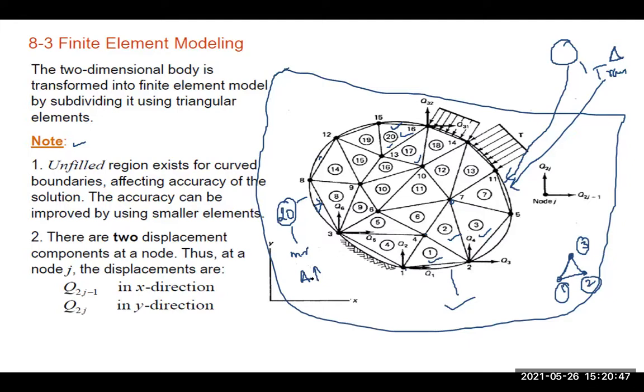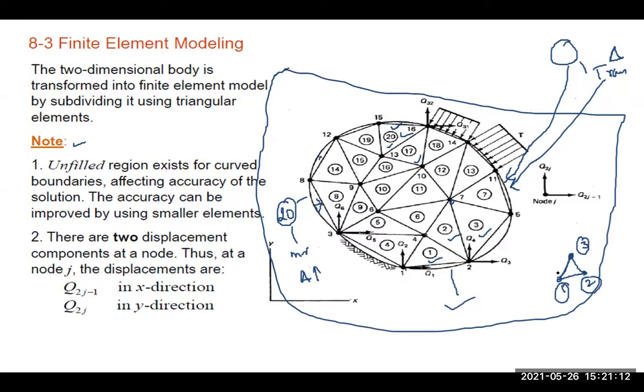This is one of the important fundamental principles in any finite element analysis. In a finite element analysis, if the number of elements is increased, it is possible to say that the accuracy will be more. The next one: there are 2 displacement components at each and every nodal point.